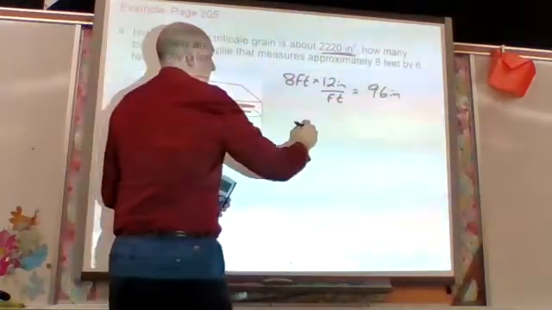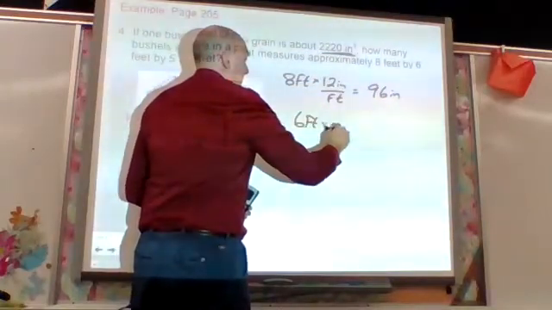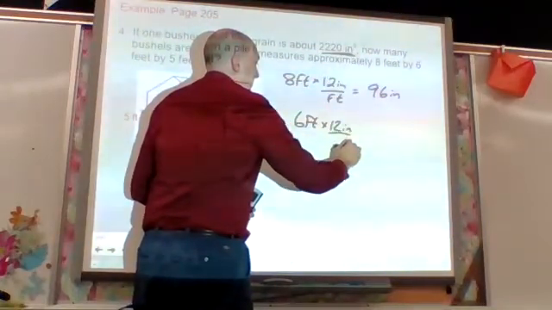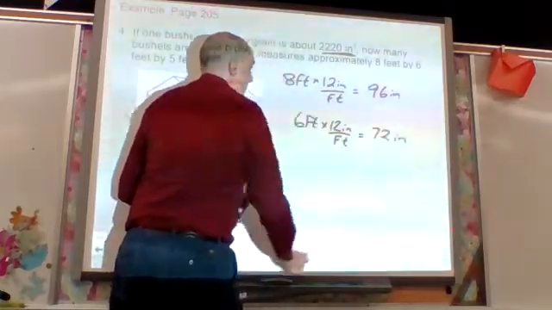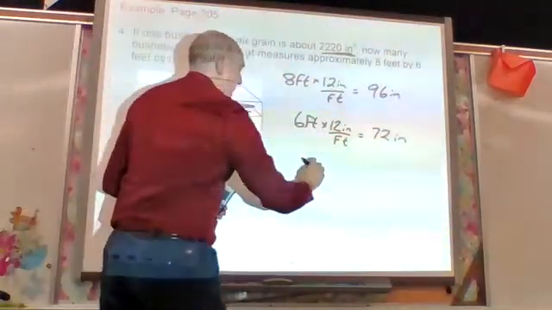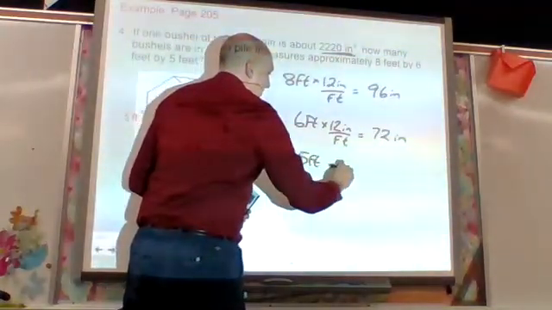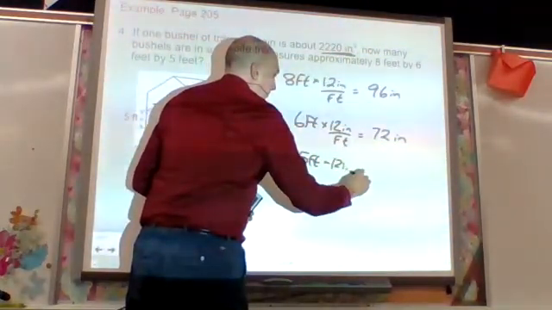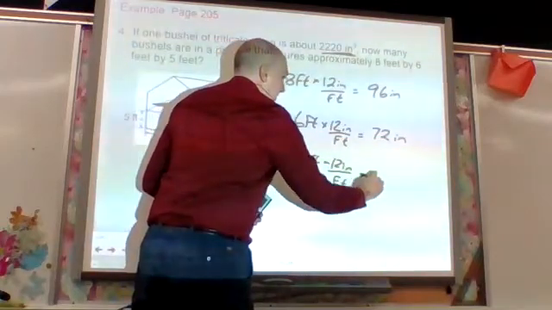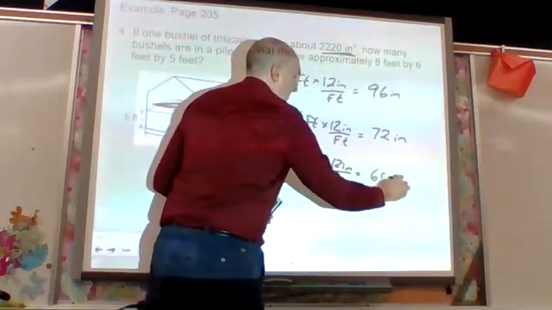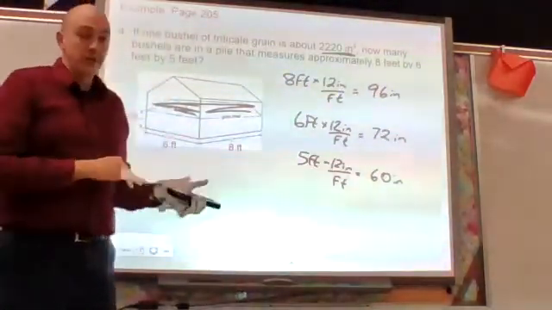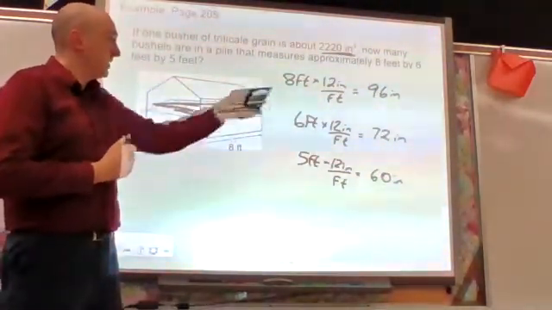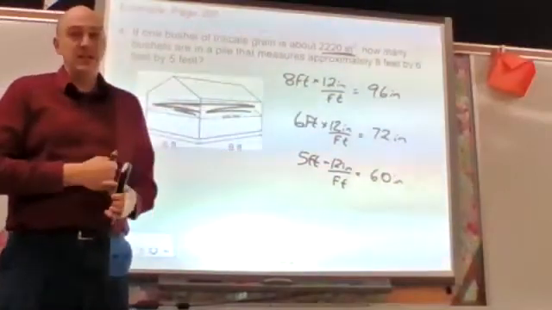We've got 6 feet times 12 inches per foot equals 72 inches. And we've got 5 feet times 12 inches per foot equals 60 inches. So the linear dimensions of this pile of grain are 96 by 72 by 60 inches.